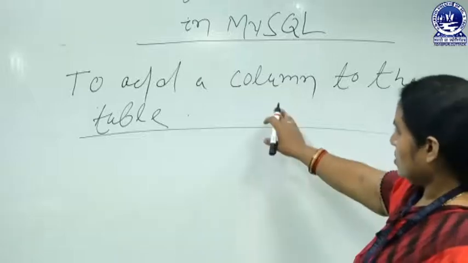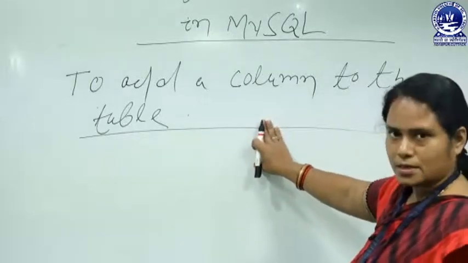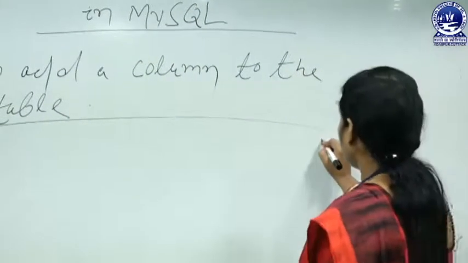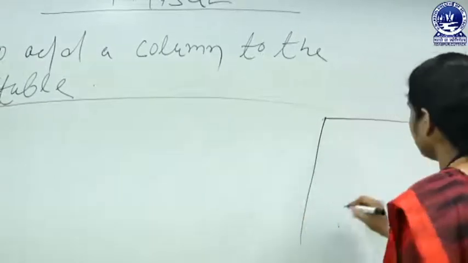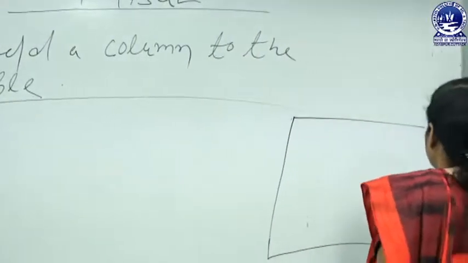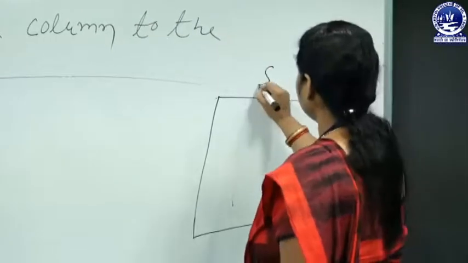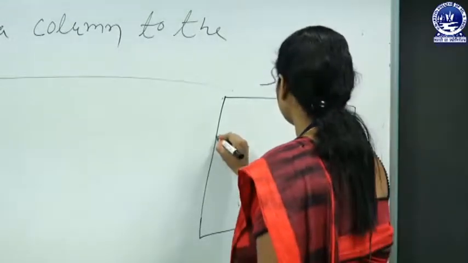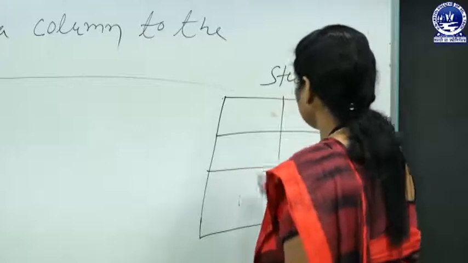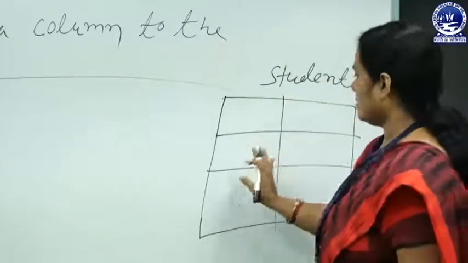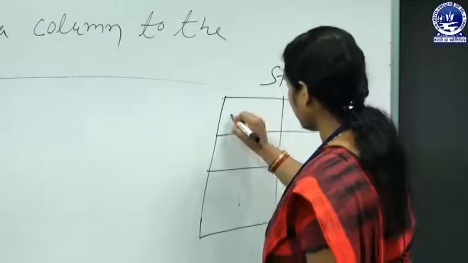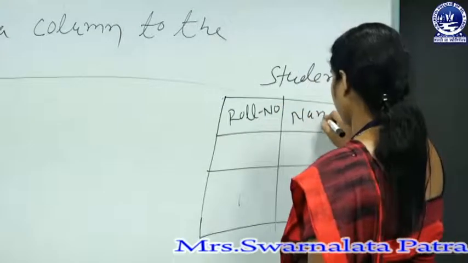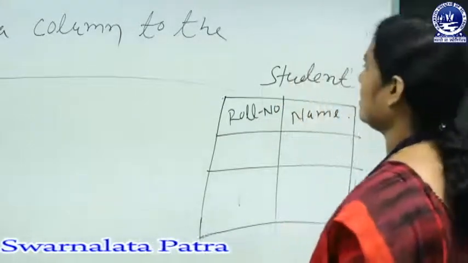Before discussing the syntax, let us take an example of a student table, which consists of two columns and two rows, named roll number and name.